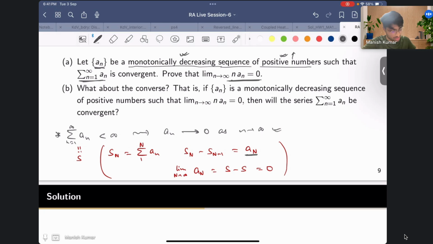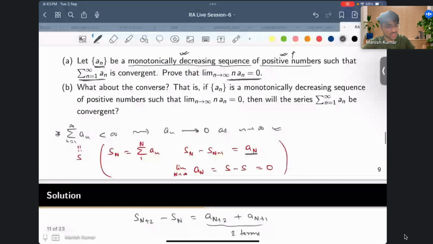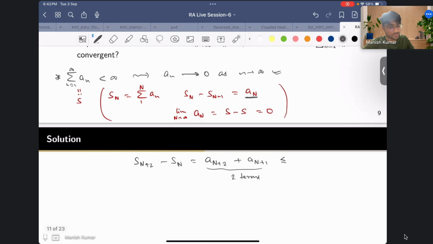What I mean is, suppose I do Sn plus 2 minus Sn, I will get an plus 2 and an plus 1, right? So here I am getting two terms. Note that we have this decreasing property as well. That is very important over here, because now when the sequence is decreasing, what one can do, or maybe greater than or equal to, because I have the lower bound that it is greater than 0, I just need to get a lower bound.